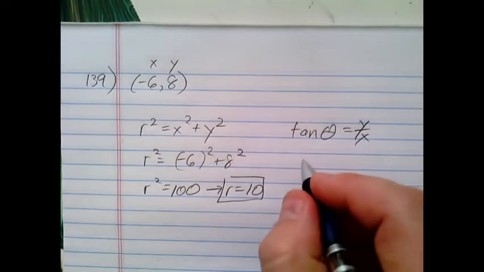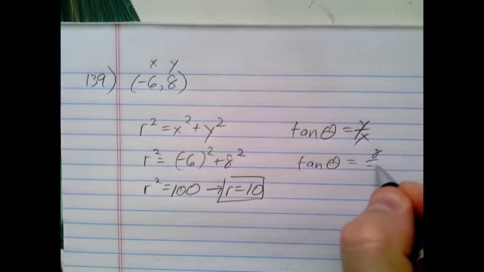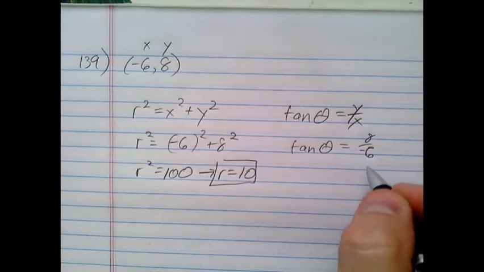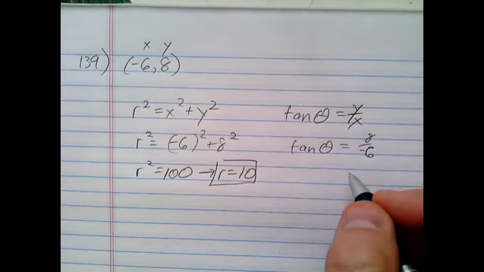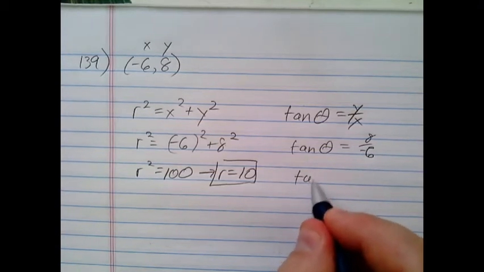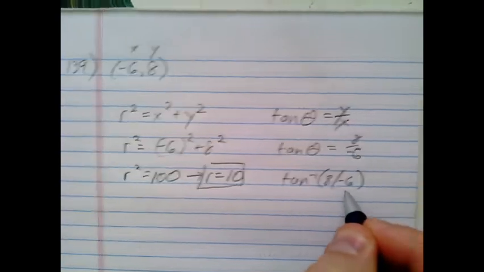Now tan theta equals 8 over -6. I could simplify, but it's not going to do a lot for me. This is not one of the nice angles that we would have the tangent memorized for. So I'm just going to have to go ahead and take tan inverse of 8 over -6.